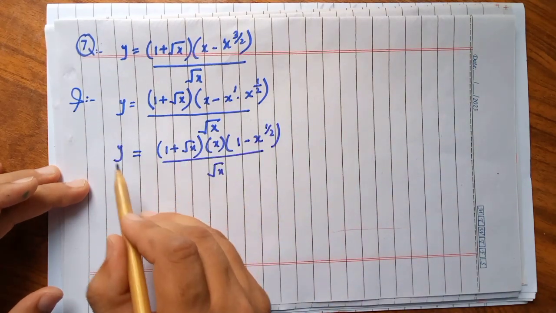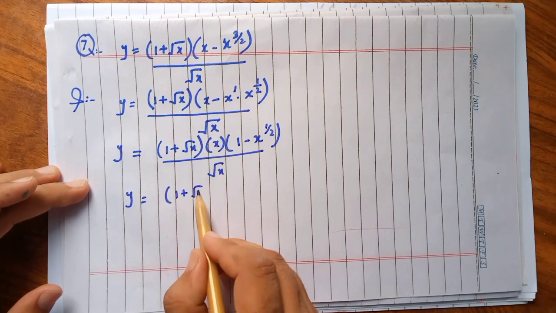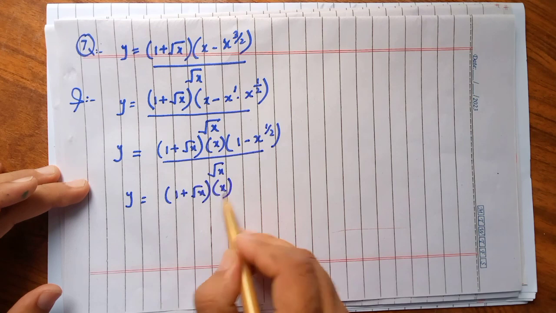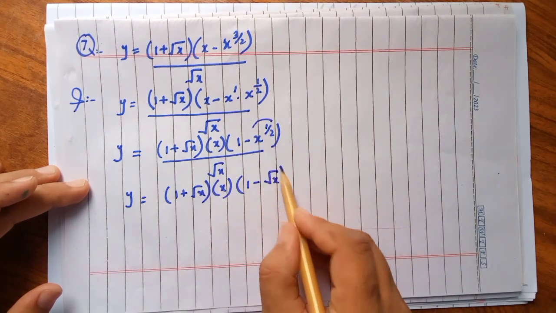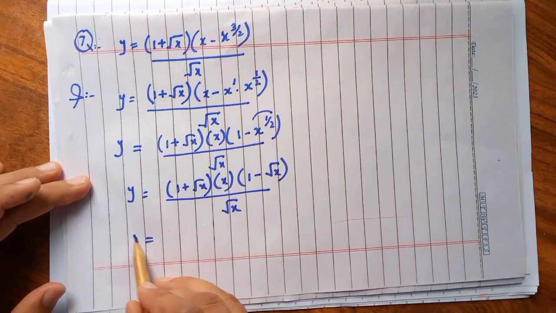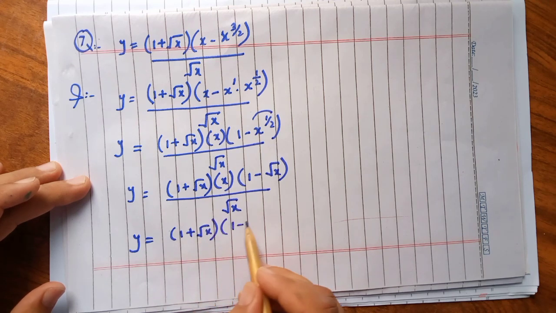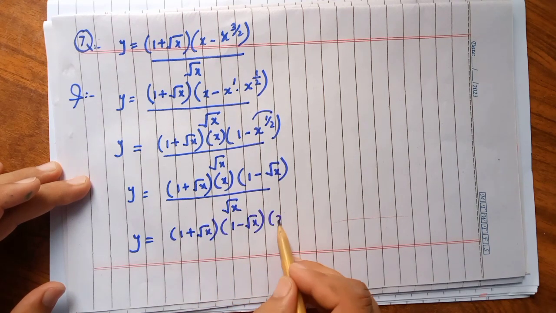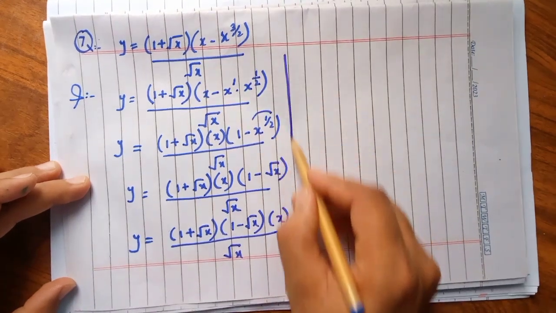This is equal to y, and similarly y is equal to 1 plus square root x, and this is x, this will become 1 minus, we can write it in radical form, square root x, divided by square root x. So here y is equal to 1 plus square root x and 1 minus square root x, and simply the value of x divided by square root x.